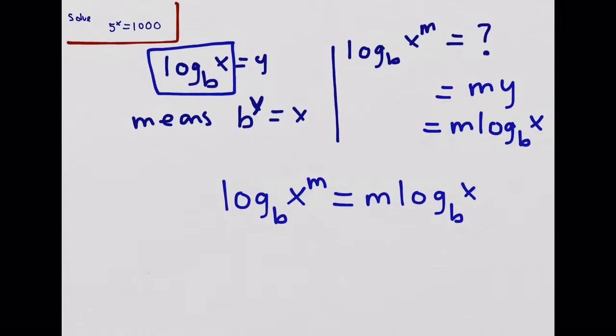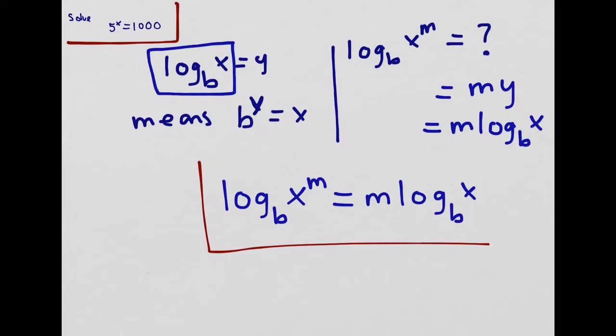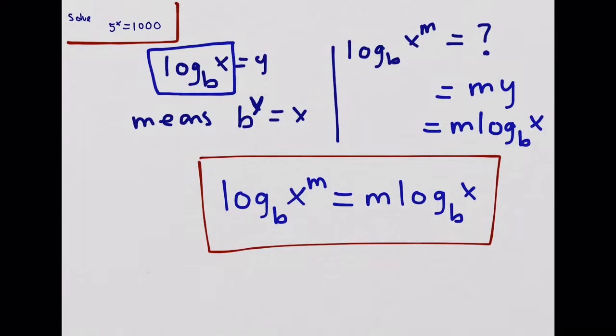And all we did was use the definition of the log. So this is pretty big. The expression is right here. I hope it's clear. You can ask questions if it's not. The most important thing is that you can see how this power up here comes down to the front.